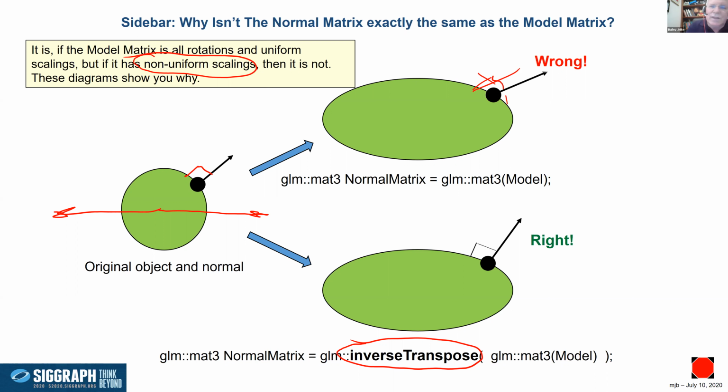If I do, instead of doing this, which is wrong, if I do this, then I am really going to get a right angle. So if you're not doing non-uniform scalings, you don't have to worry about it. If you just say inverse transpose, you'll get it right all the time.